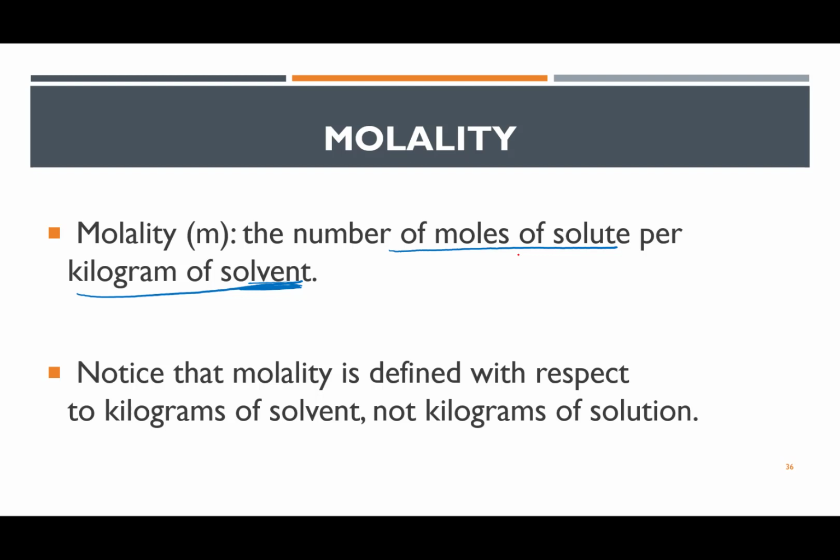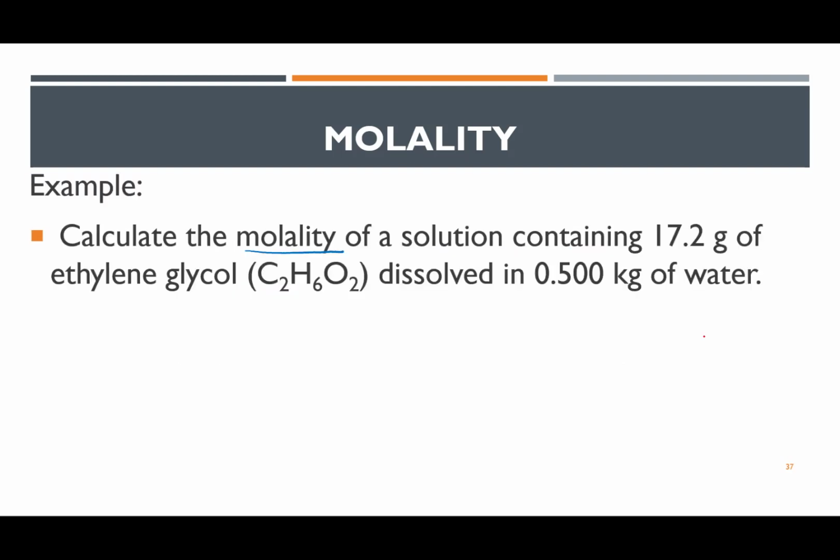Here the mass of solute is given, and I want to find the moles of solute. So I'm going to convert 17.2 grams of ethylene glycol to moles of ethylene glycol using the molar mass of ethylene glycol.